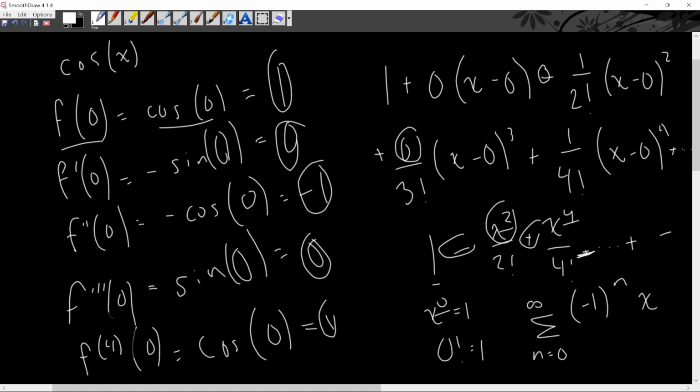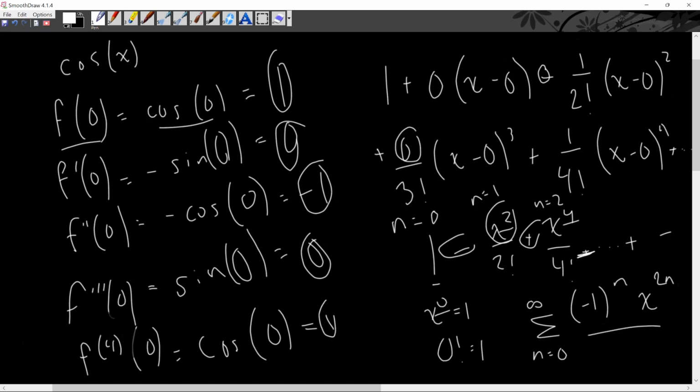If n is equal to 0 for the first term, n is equal to 1 for the second term, n is equal to 2 for the third term, as you can see, 0 times 2 is 0, 1 times 2 is 2, 2 times 2 is 4. So you are doing x to the 2n.